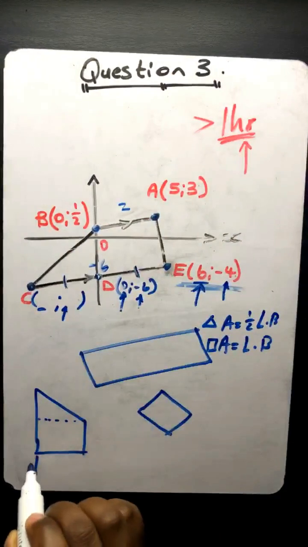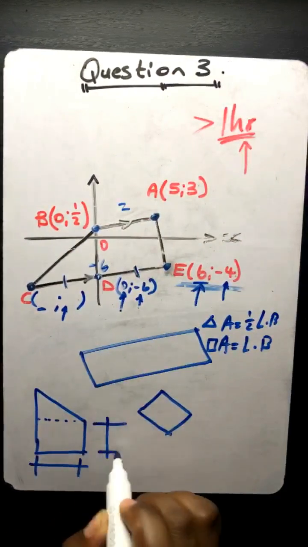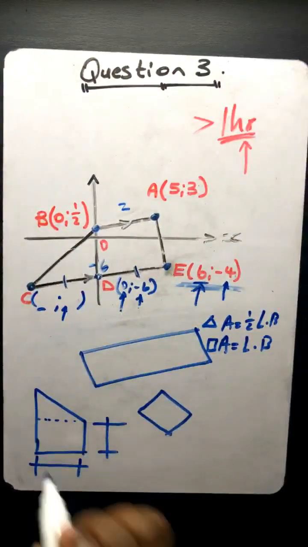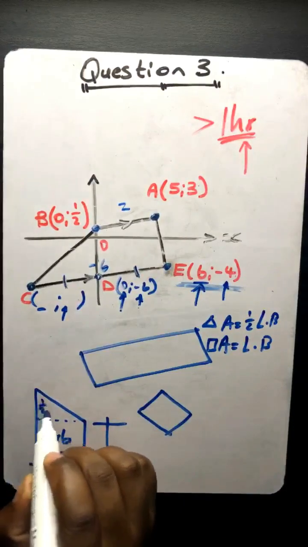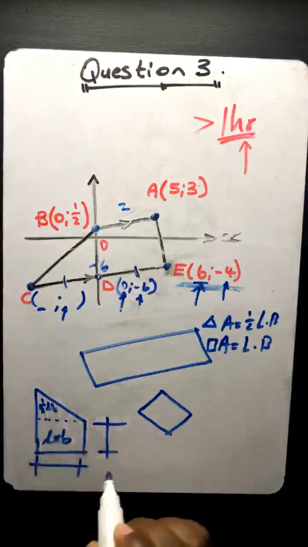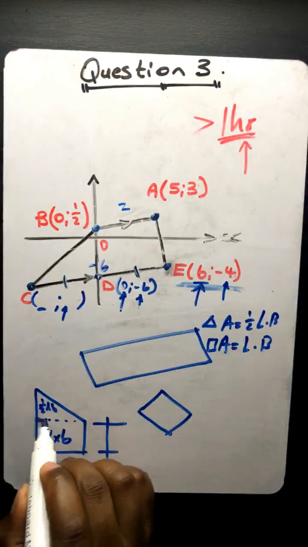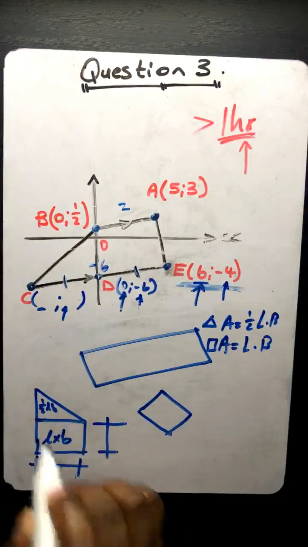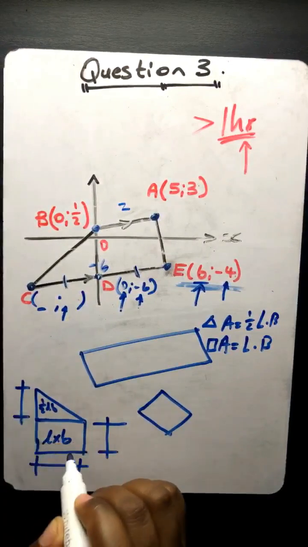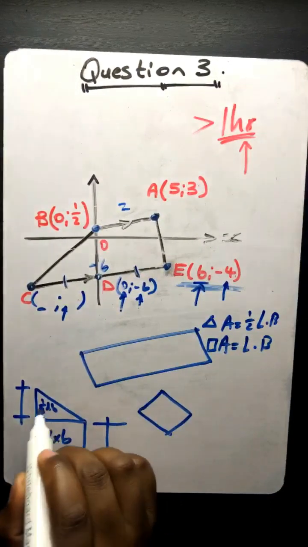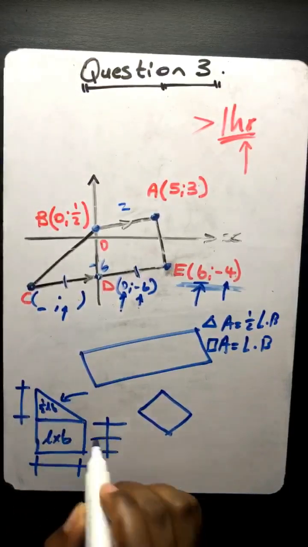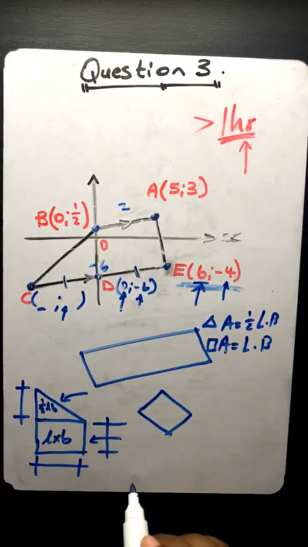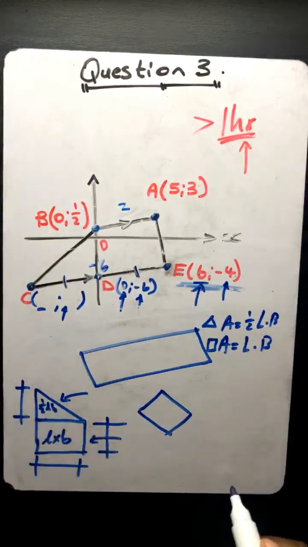I'm going to say length times breadth, which is an area of that shape being either a square or a rectangle. And then this one being a triangle, being half L times that. That means I'm going to find that distance, obviously being this one, and I also find that one. Then I just say a half of length times that. Then whatever answer I get here, I'm going to add it to the answer I got there. Then that is the area of that quadrilateral.